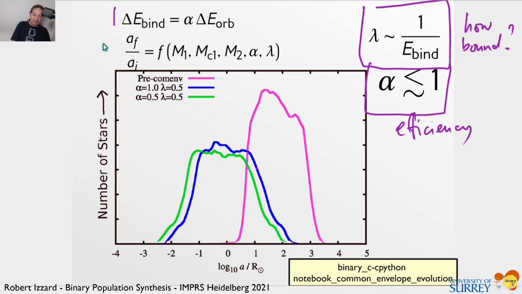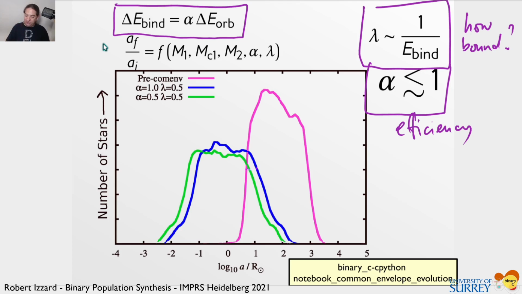Now, alpha is related to how much energy is in the orbit that is then available for unbinding the envelope. So if you take alpha multiplied by the original energy in the orbit just before Roche lobe overflow, that is how you define how much energy is going into the envelope to try to unbind it.